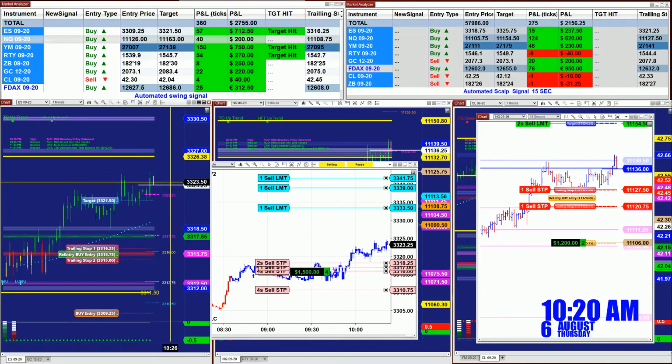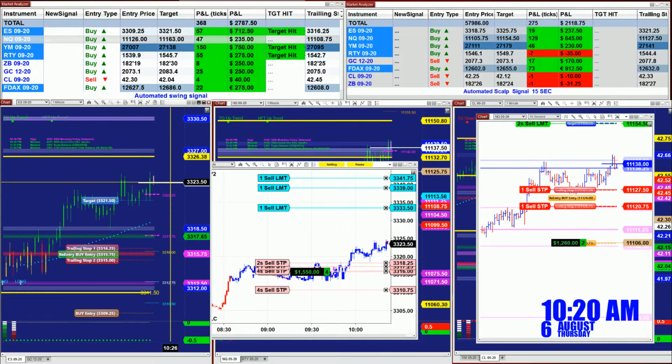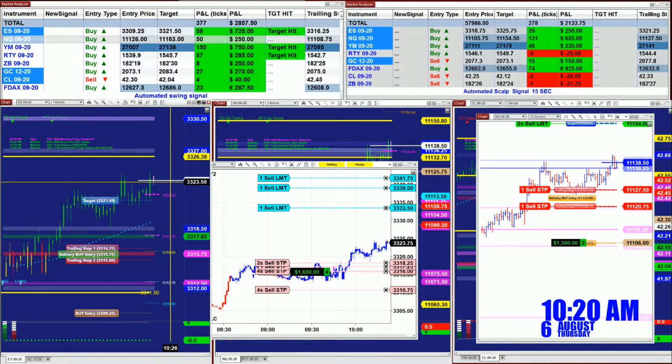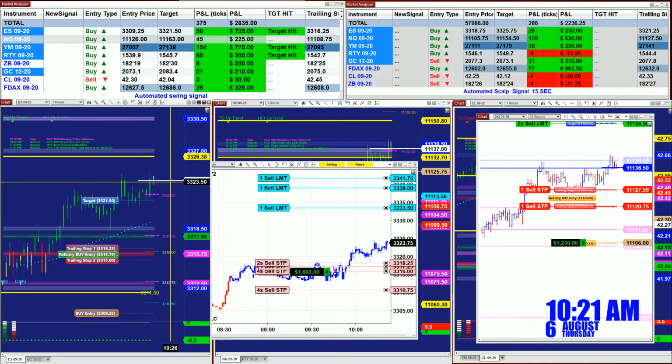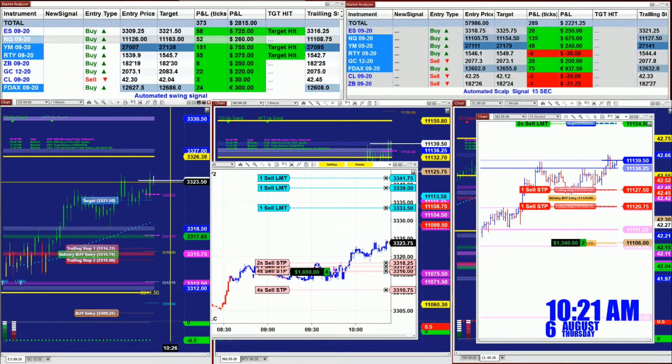We need this bar to close above. We're getting there.